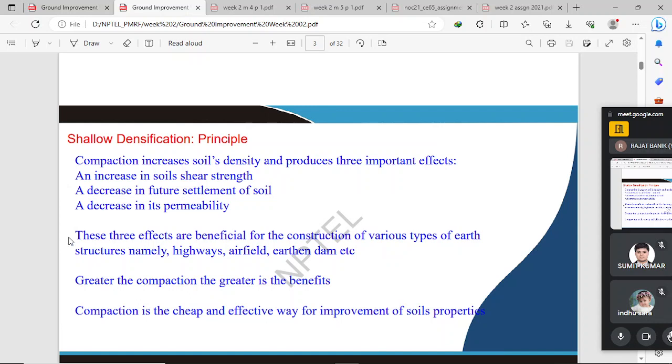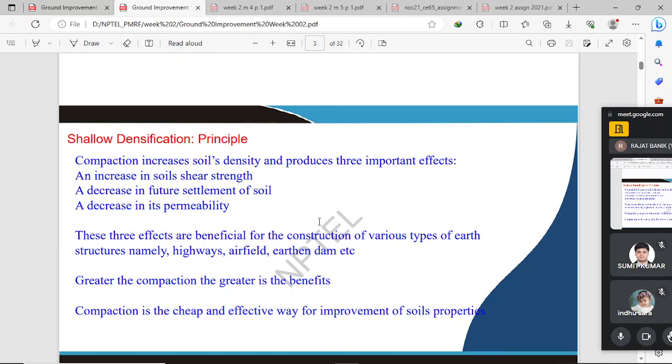By this mechanical energy, the soil particles come closer and expel the air or air voids. By this procedure we increase the soil density, increase the shear strength, decrease the future settlement of the soil, and decrease its permeability. These three effects are beneficial for any type of construction related to earth structures, namely highways, airfields, dams, etc.